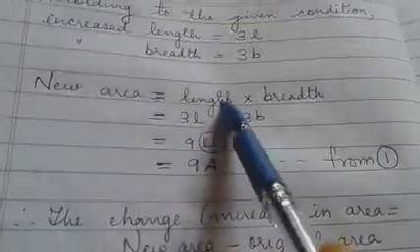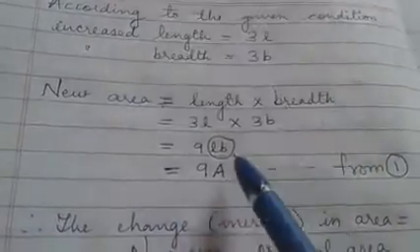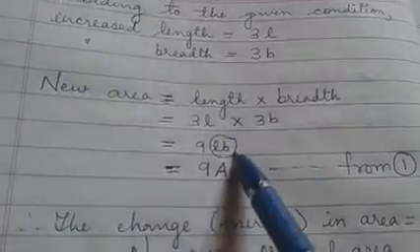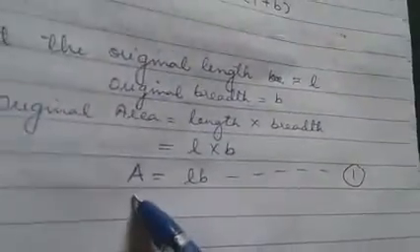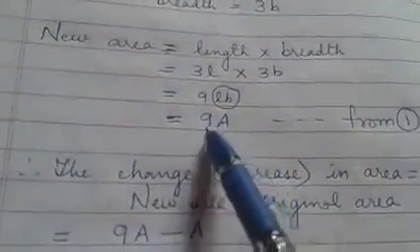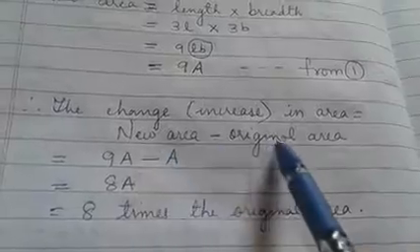Now the new area is length into breadth, so 3L into 3B, that is 3 3s are 9, and LB. What was LB from equation 1? LB is A. So I substitute it here: 9A. The increase in area is the new area minus the original area.